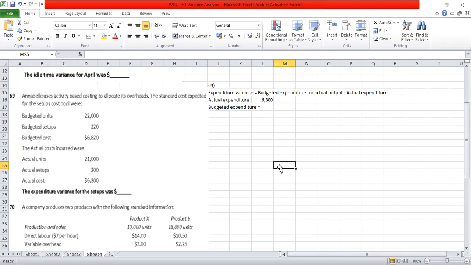But how much would the cost be according to the actual output is what we have to look into. How do we do that? Any clue? The actual output is how much? 100 setups.